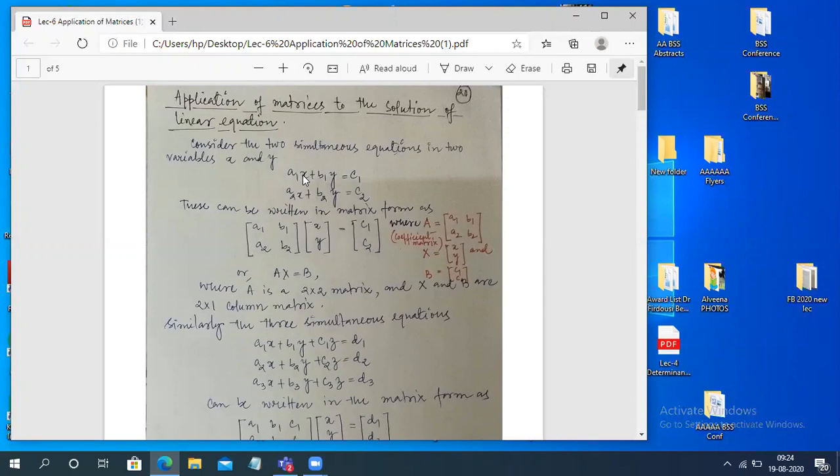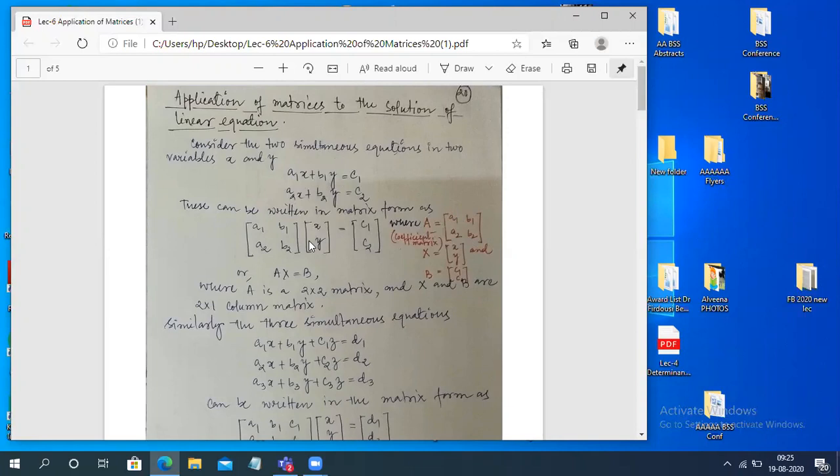In the first equation the coefficients of x and y are a1, b1, so the first row will be formed with a1, b1, and the second row will be formed with the coefficients of x and y in the second equation, and these coefficients are a2, b2. So this is your coefficient matrix A formed with the coefficients of x and y.